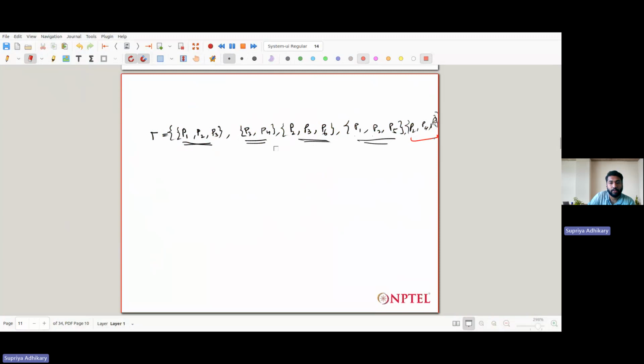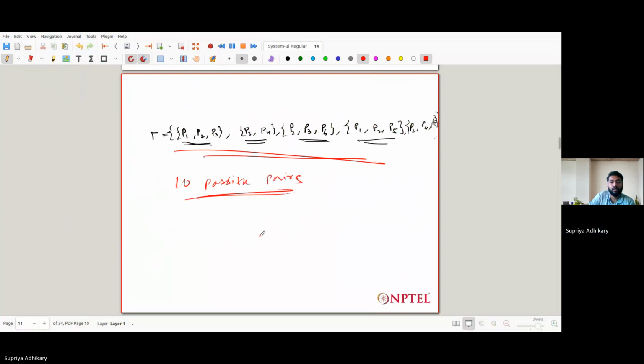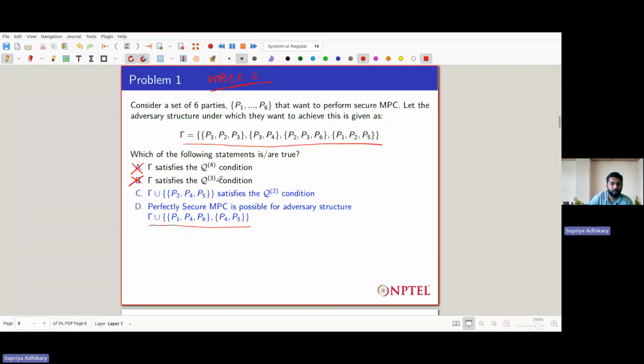Basically, if we take any two sets in this gamma, then you can verify that if you take all 10 possible pairs of these sets and take the union of the two sets, the union will always be a proper subset of P. So this satisfies the Q2 condition.